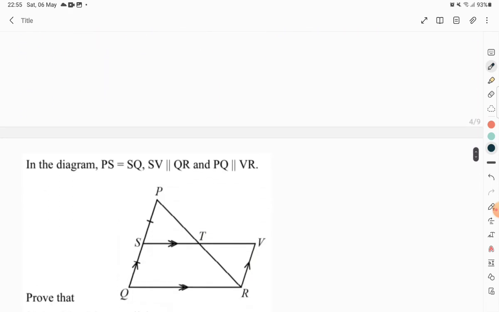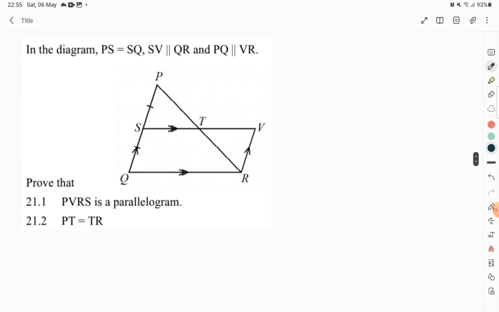How about the next one? The next one says, in the diagram, PS is equal to SQ. Then SV is parallel to RQ.